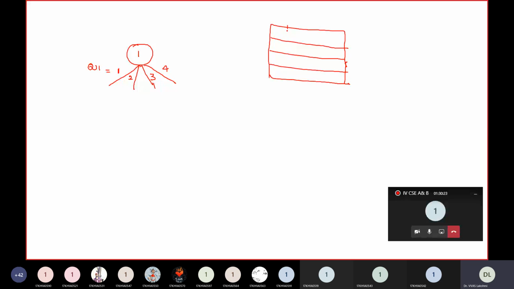Queen 1 is able to be placed here or here or here or here, in any column, because it is the first row, so it will not have any row attack or column attack. There are 4 possibilities here.